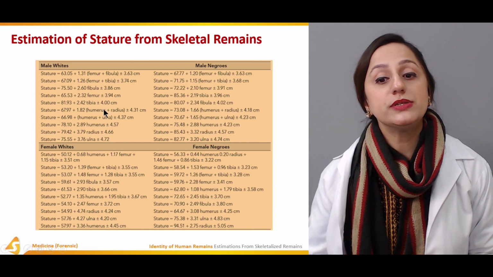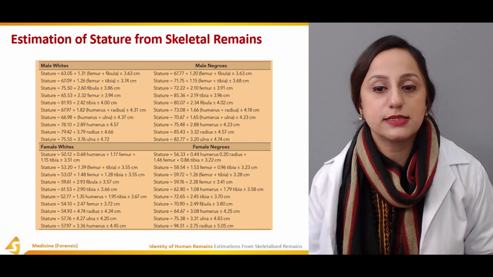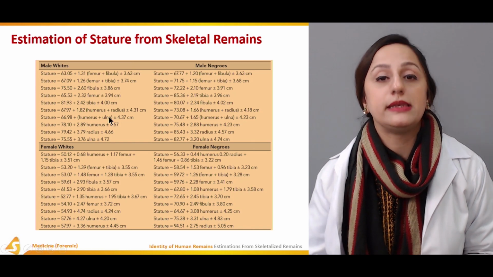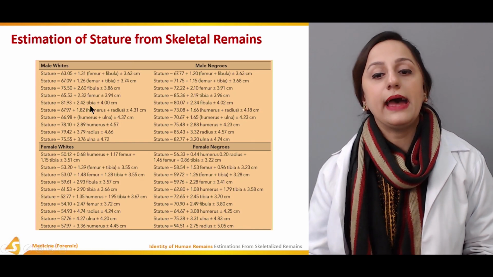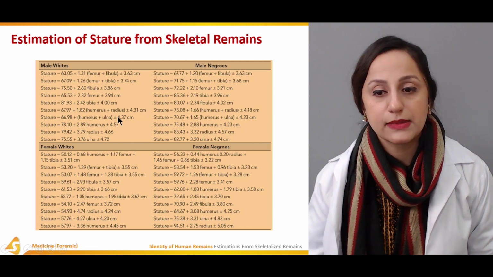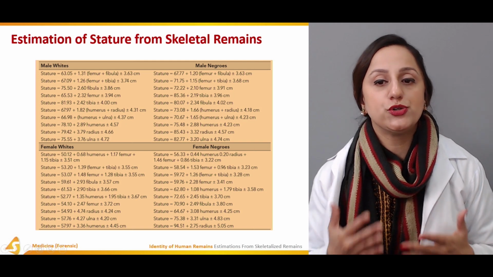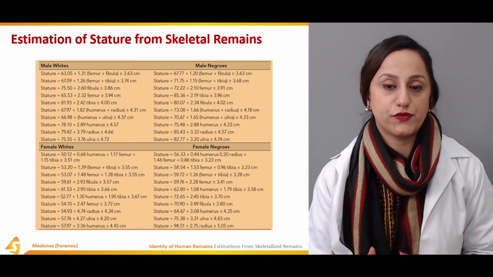Then we have the humerus and the radius, and we can still calculate the stature of the person. The humerus and ulna can be added together and put in this formula, and we'll calculate the stature of the person. So these are the findings that will contribute towards the calculation of the stature of the person.